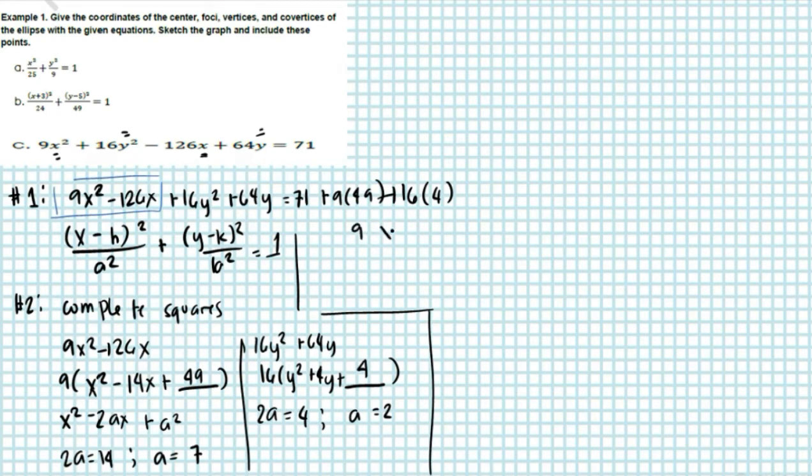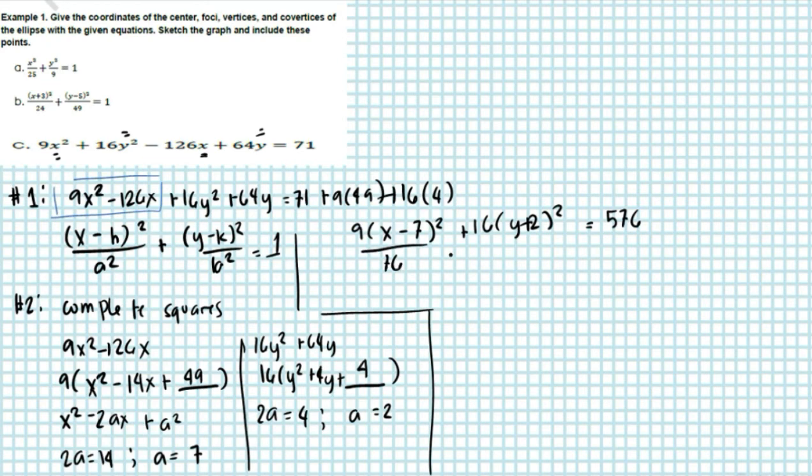So, we have 9 times, i-factor out na natin, x minus 7 squared plus 16 times y plus 2 squared equal to 71 plus 9 times 49 plus 16 times 4, is equal to 576. From our standard equation, dapat is equal to 1.